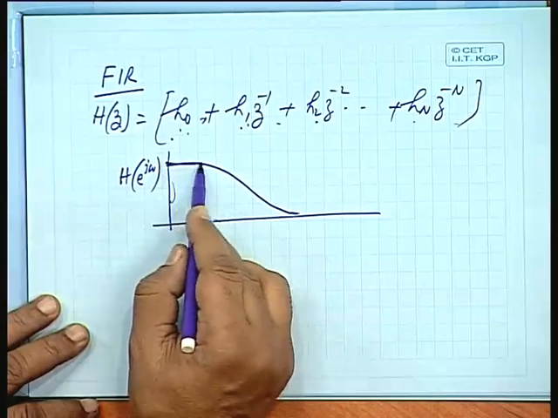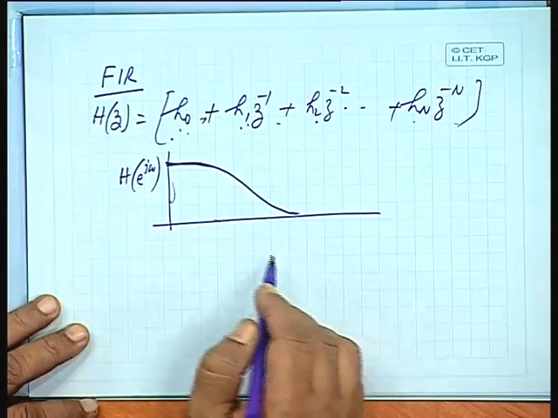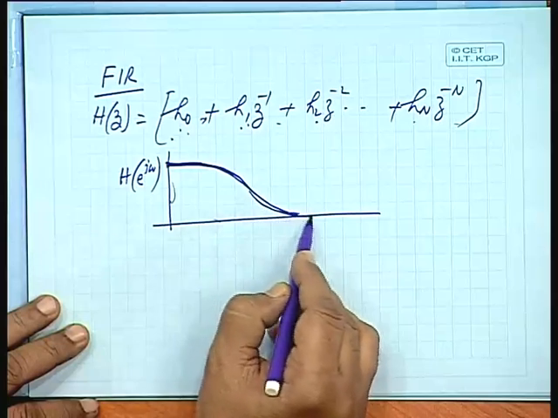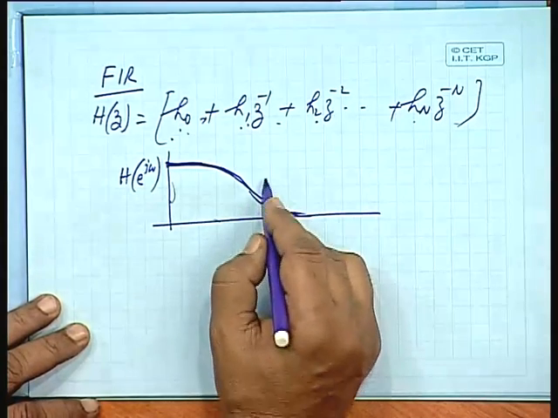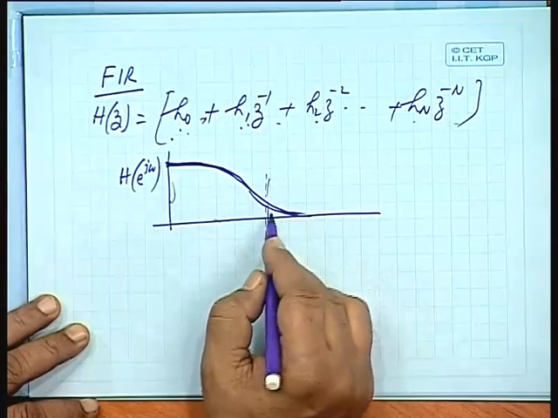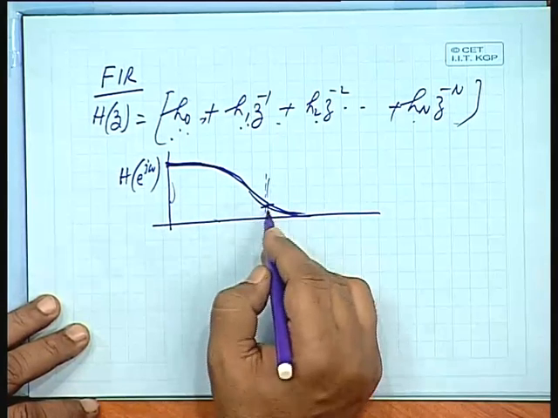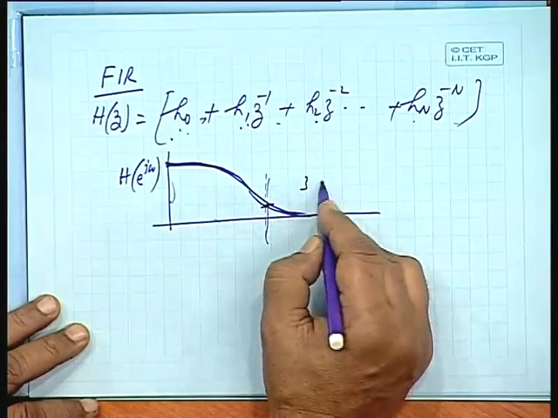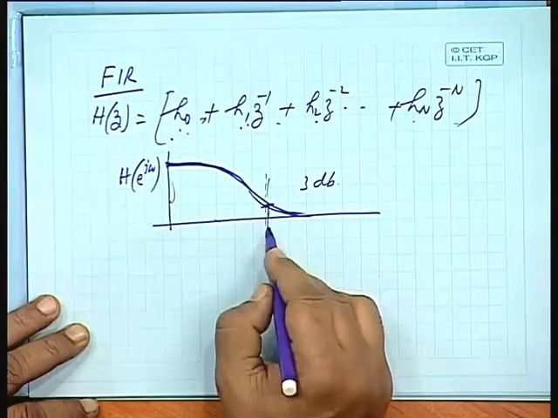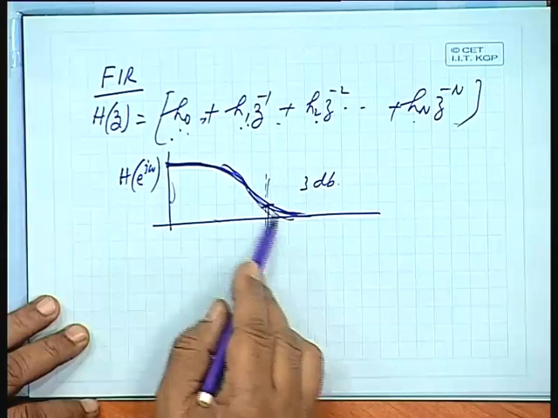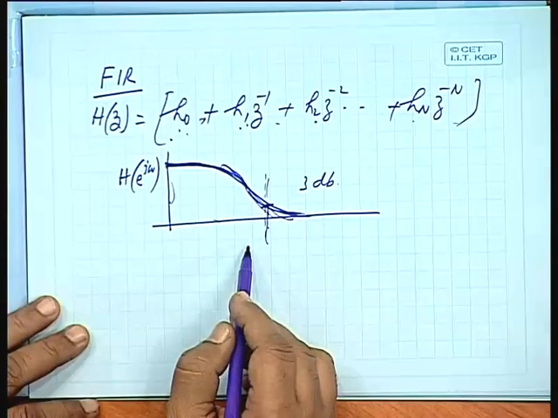There are various types of specifications given. Somebody may give a monotonically falling low pass function. Somebody may define this alpha, the 3 dB cutoff point is so much, and roll off, how fast it should fall, the transition is given.